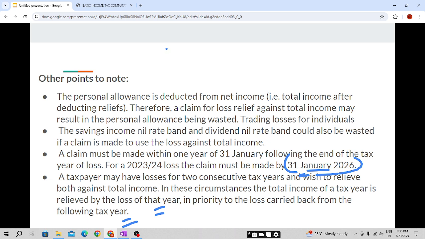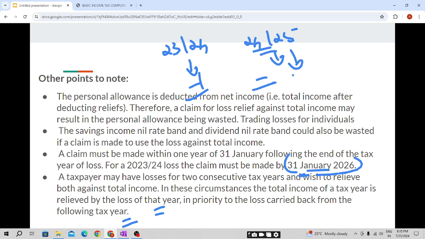That means, students, if in 23-24 and 24-25 I had a loss, then this year's loss will be set off against this year's total income. We should not carry back.